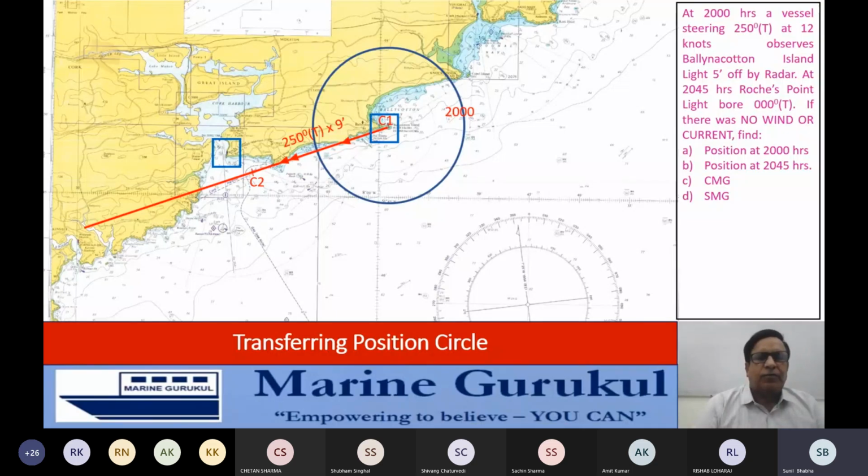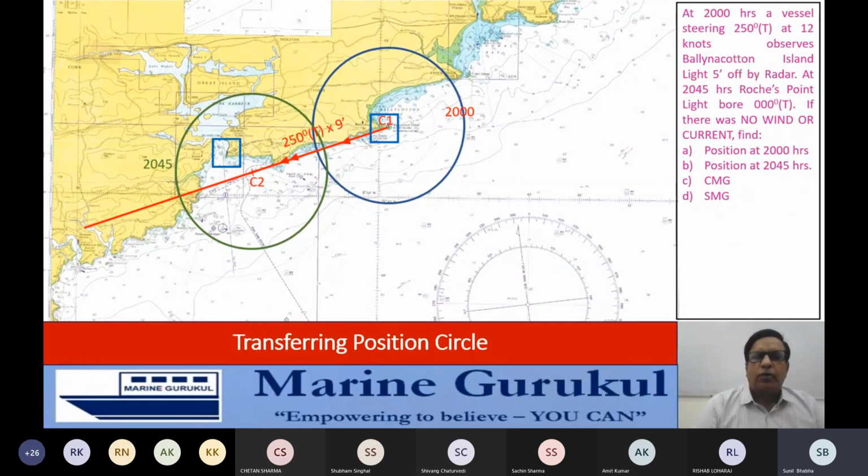So that means the center of 2000 hour position circle is transferred to C2. With C2 as center and radius of 5 miles, that was the same as the radius of 2000 hour circle, we draw the transferred position circle. The green circle, which has now come up on the chart, is the transferred position circle. That means at 2045, the vessel would be somewhere on the green circle.